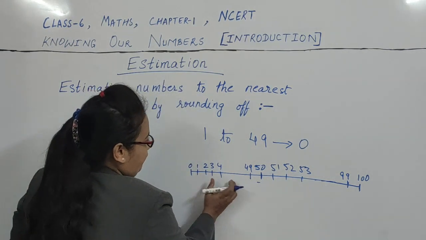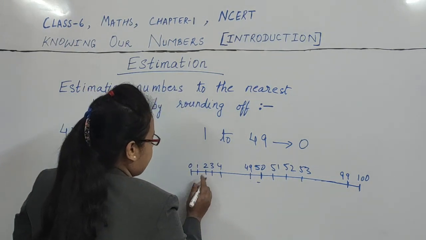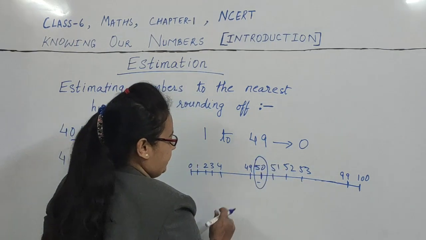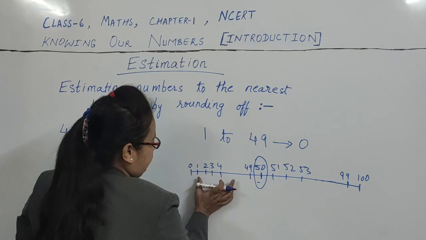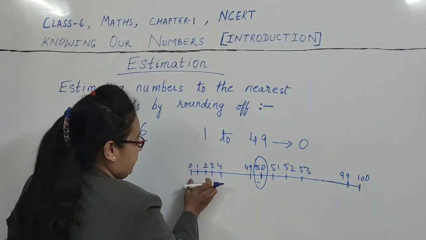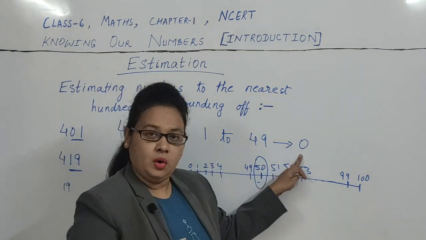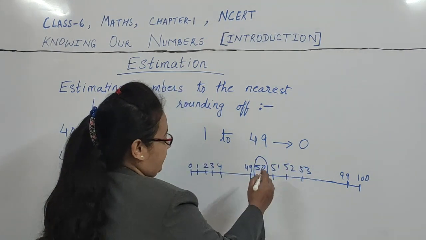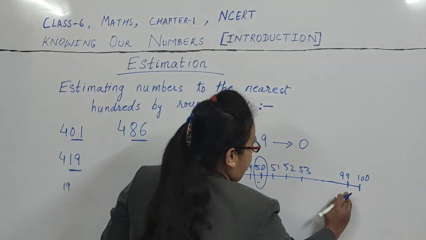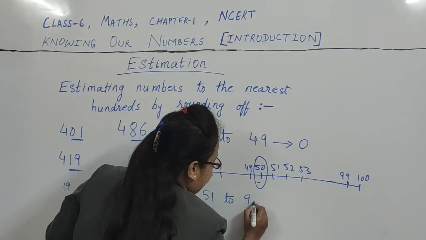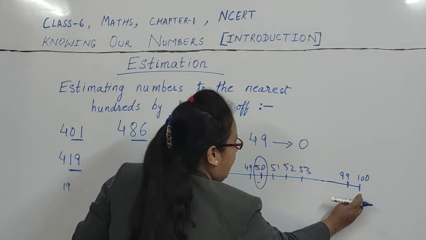So the numbers from 1 to 49 are closer to 0. See, 50 is the middle number, right? So before 50 the numbers 1 to 49 are closer to 0, and the numbers from 51 to 99 are closer to 100.